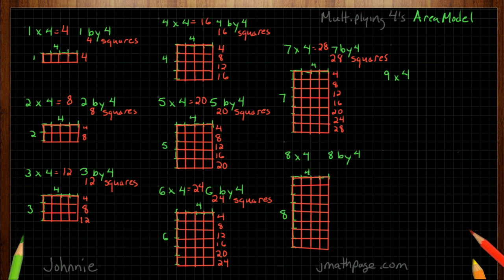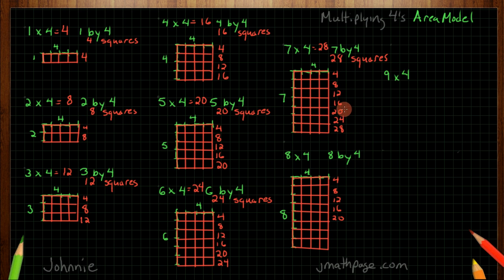How many squares do we make? Well, we know the first row will make 4. 2 rows of 4 make 8. 3 rows of 4 make 12. The 4th row will be 16. The 5th row will be 20.